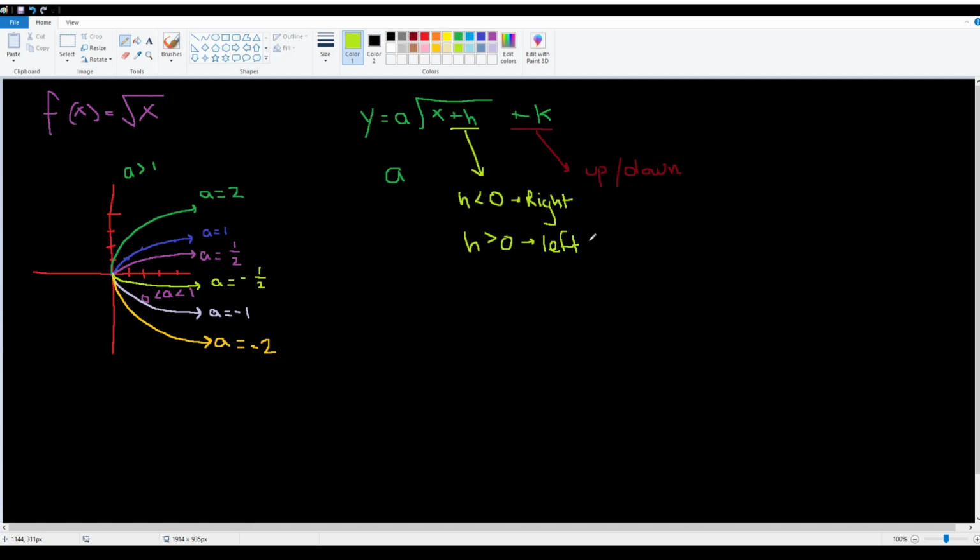So there are 3 things that you want to look at when asked about the transformation based on the parent function. The first thing you look at is a. If a is greater than 1, it gets stretched. If a is between 0 and 1, it gets compressed. Let me write that for you. If a is greater than 1, we call it a stretch. If a is between 0 and 1, we call it a compress.